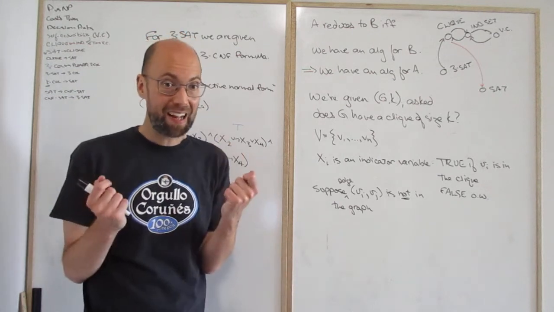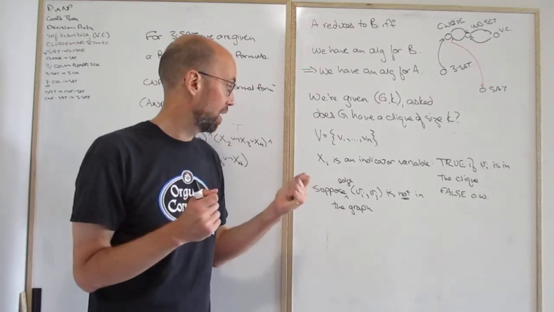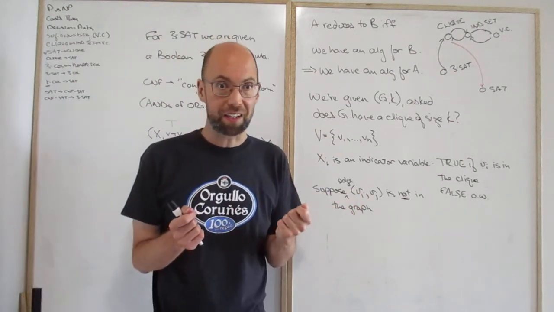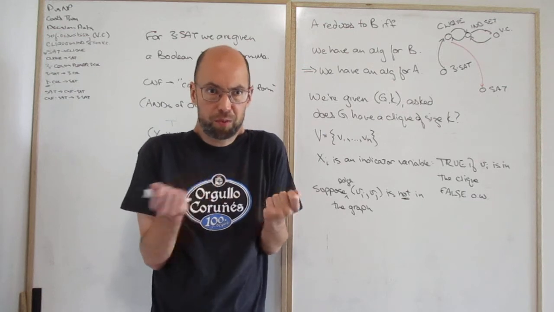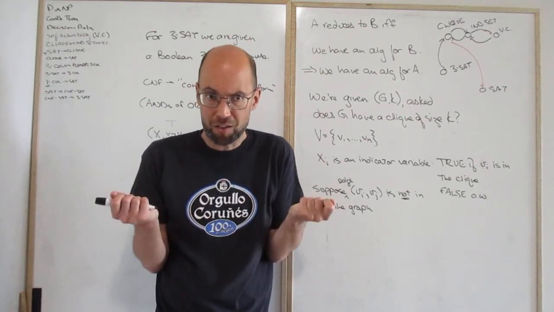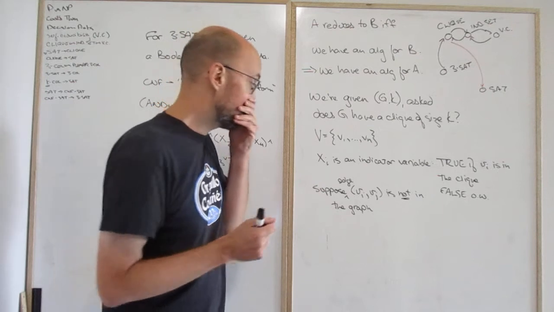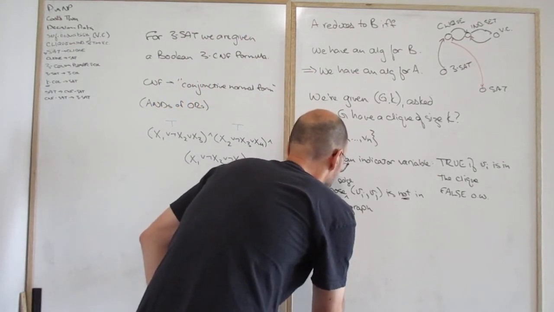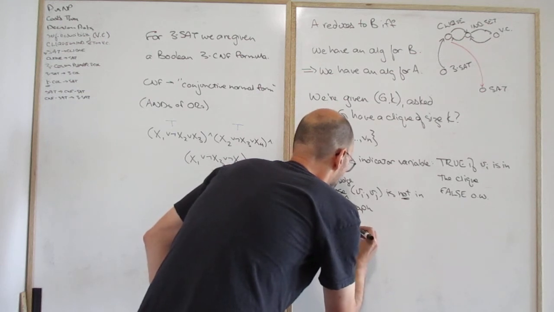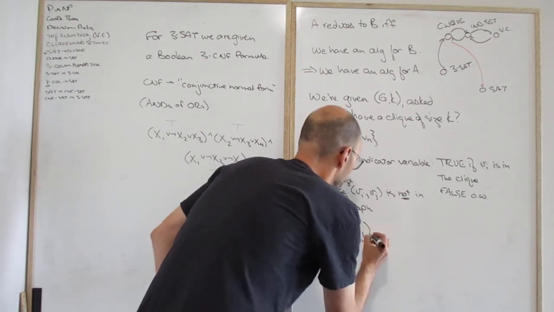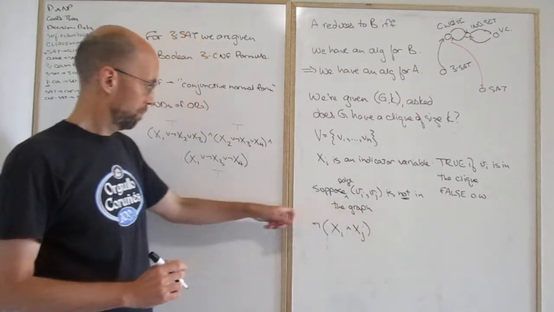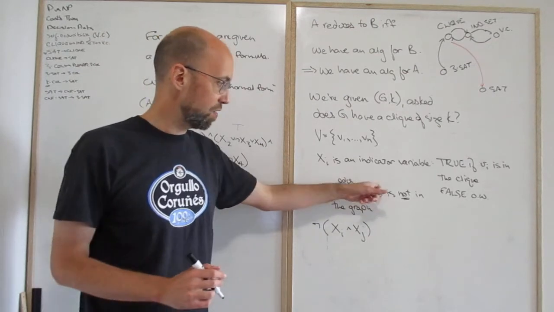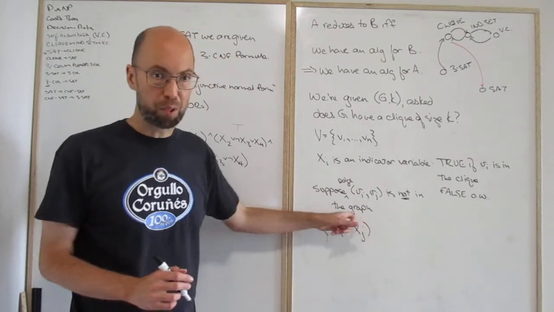Then you can't have v_i and v_j both in the clique, because then it's not a clique, because between two of the nodes in the clique there's a missing edge, right? So what you're going to say is not x_i and x_j. So in your formula, you're going to have something that says, if this edge isn't there, then you can't have both of these.